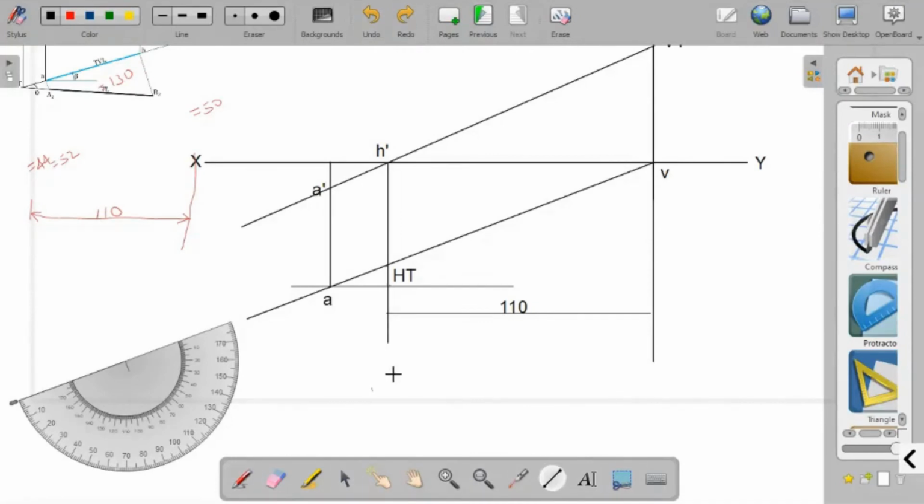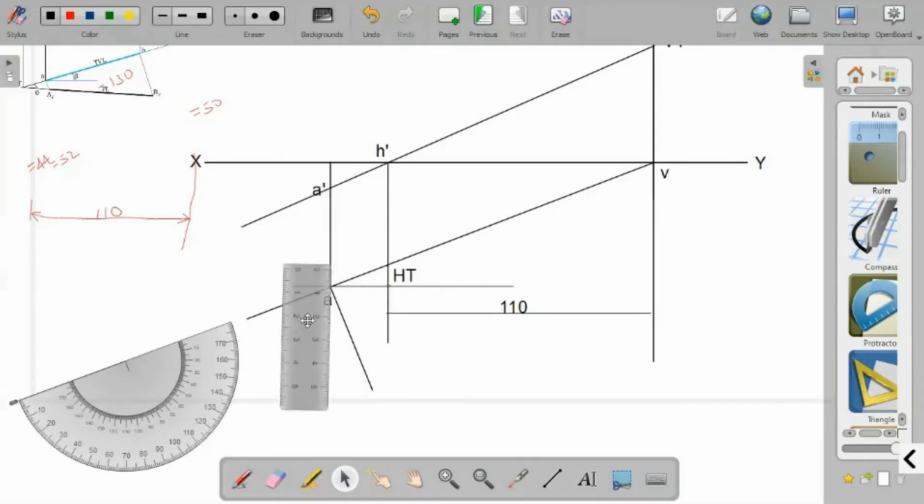So first I draw the line. Then I use a scale to measure the distance, somewhere around 1.1 millimeter.